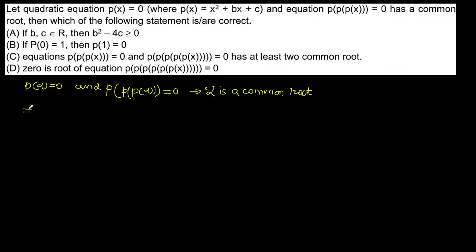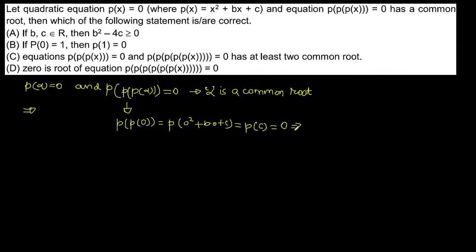Then now in this we have p(alpha) is 0. p(0) is 0 square plus b into 0 plus c, equal to c, and p(c) is equal to 0.